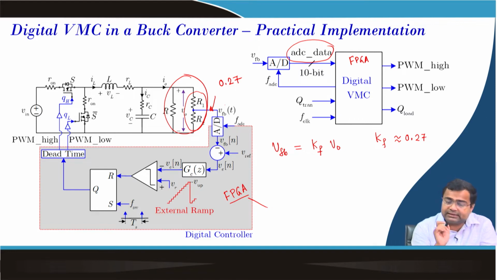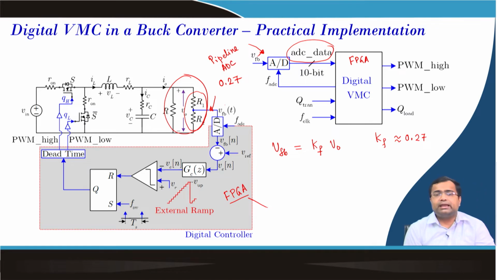This ADC requires a clock because we need to provide sampling, and we are using a pipeline ADC from Analog Devices. In a pipeline ADC, the propagation delay, that is the conversion time, depends on the number of clock cycles instead of an absolute value, and in this case there are 6 clock cycles.